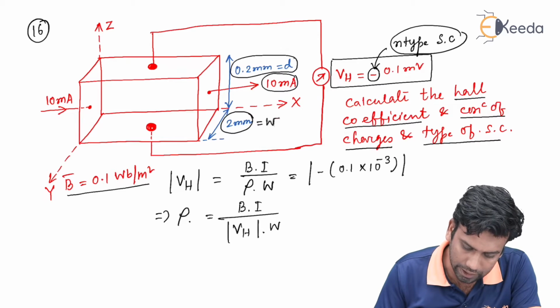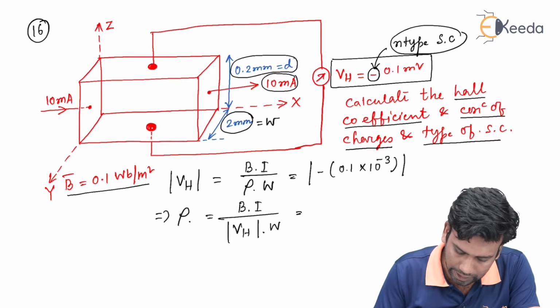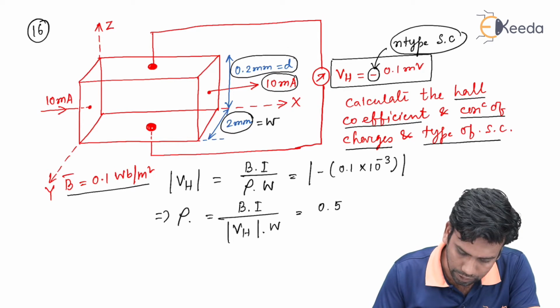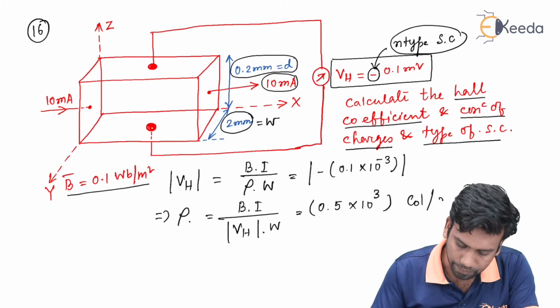So, if I put all the values, then we can find it as 0.5 into 10 to the power 3 coulomb per meter cube.